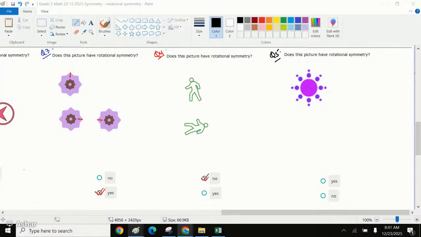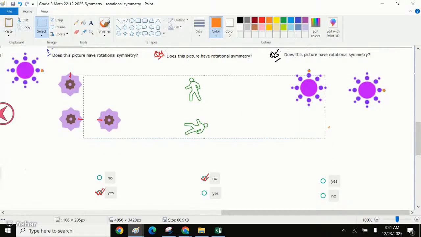Since this is a pattern, even if we rotate this shape, if I mark this point, let's mark it with a different color, orange over here. I select this shape, I copy this. Even if we rotate this left or right, the shape looks the same, right?